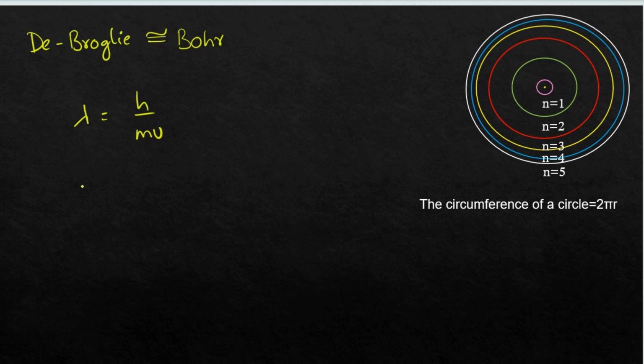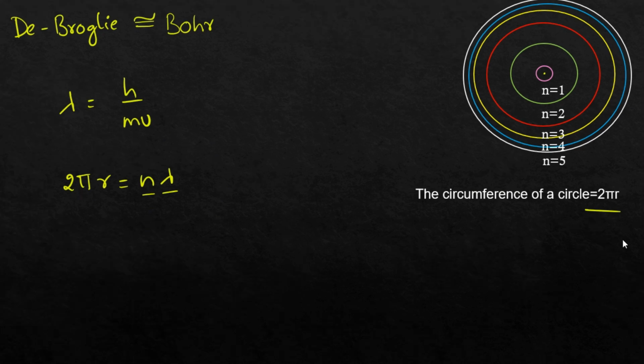Circumference of Bohr's orbit, 2 pi r, is equal to n lambda. 2 pi r, the circumference of a circle, and n number of wavelengths are present throughout the circle. Bohr said electrons are moving in circular orbits. De Broglie said electrons move like a wave with circumference 2 pi r.